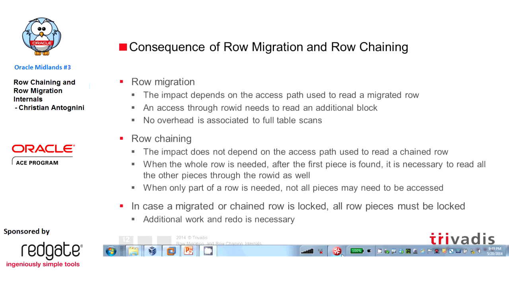So if you have the row over 4 blocks, it has to modify 4 blocks, take an ITL, add the pointer from the row to the ITL. So depending on how many migrated or chained rows you have, it might be an important overhead, because it also generates undo and so on.